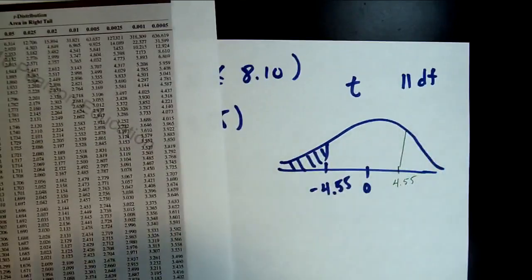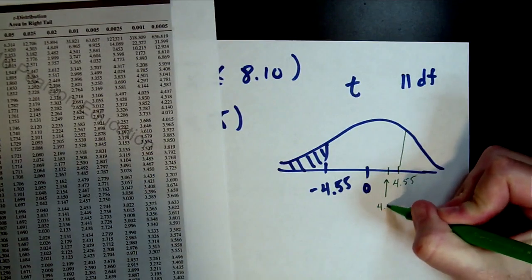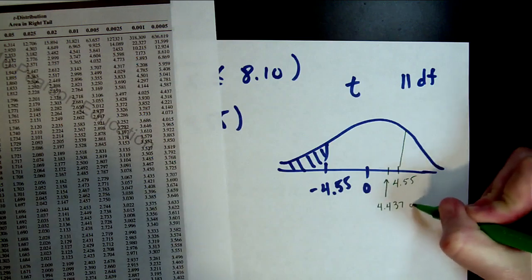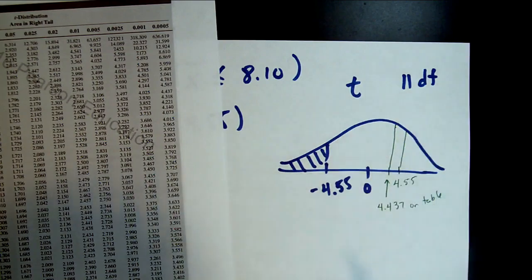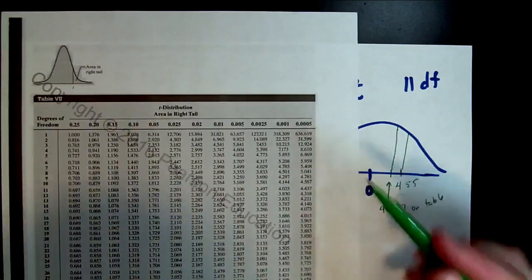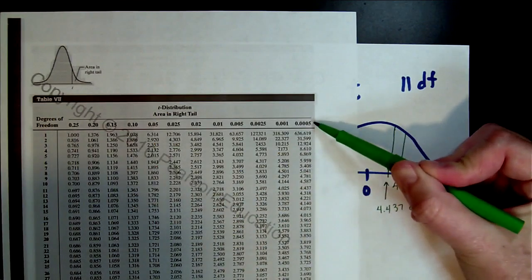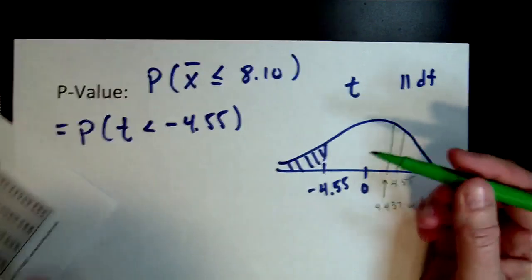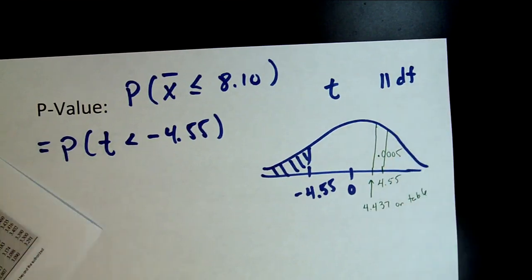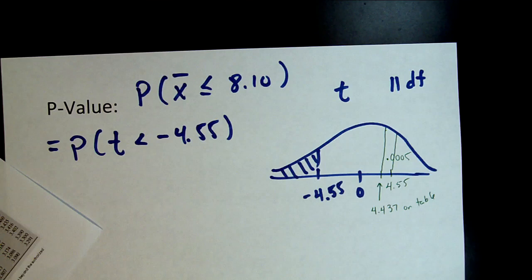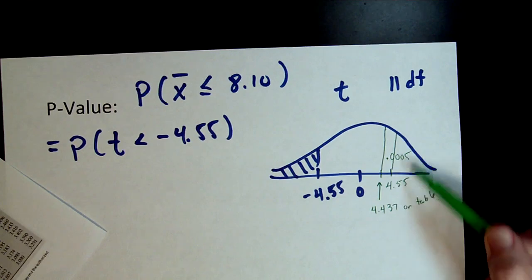Okay, so the closest I'm seeing on the table is 4.437. And the table's telling me that the area to the right of that, so where did that go? 11 degrees of freedom, 4.4. Okay, the table tells me the area to the right of that is 0.0005. So 0.0005, which means that the area to the right of 4.55 is actually less, right?